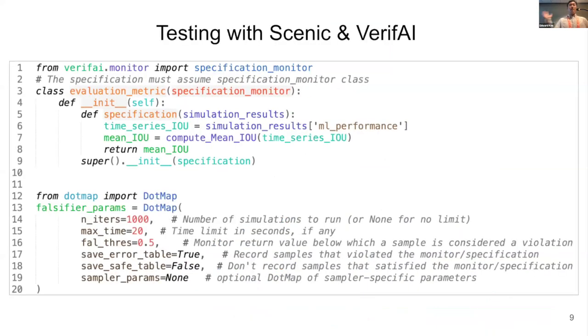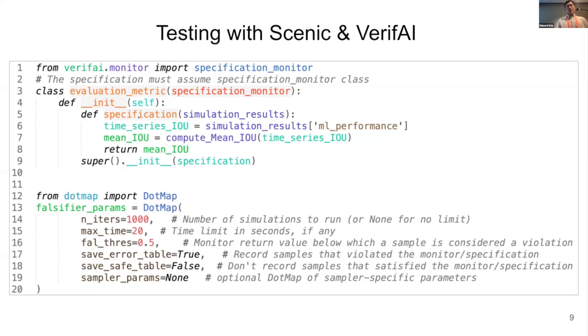And then on the Verify side, here's a snippet where you now specify your specification. All of this is well documented on our website, and I'm just going to show you a brief snippet of the main parts. In this case, we provide you the template as to how to write your own evaluation metric.